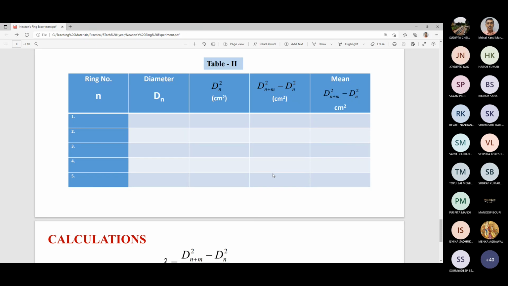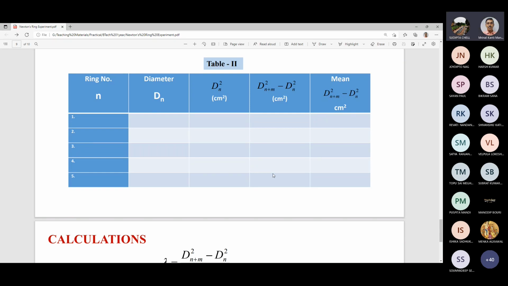What is the aim here? M is a constant value, that is, n plus m is the diameter of a particular ring. This is clear.